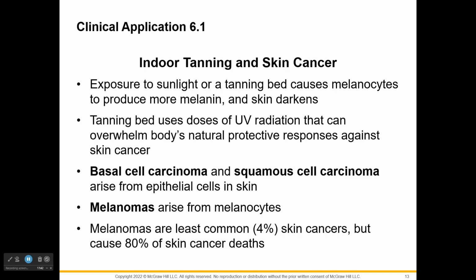Melanoma is an issue from the melanocytes. So this is a cancer coming from melanocytes, and that's why they're very, very dark pigmented, and very uncommon. Only about 4% of skin cancers are melanomas, but they have the highest risk of metastasizing and spreading and then causing death. And so SPF on your body, stay out of the tanning beds.